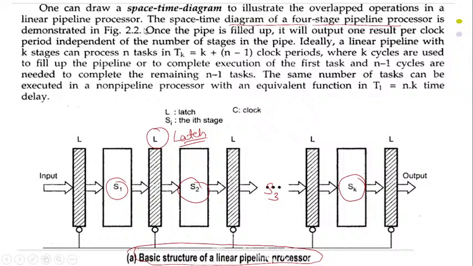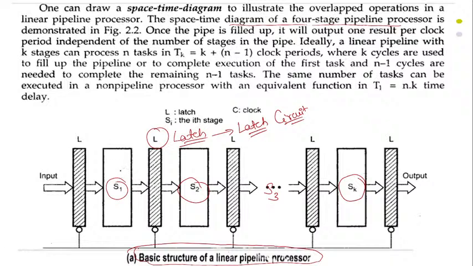We'll discuss that. This is the general diagram for a linear pipeline processor, where the stages are connected in cascaded form, and between each stage there is a latch circuit or buffer to store the intermediate result.